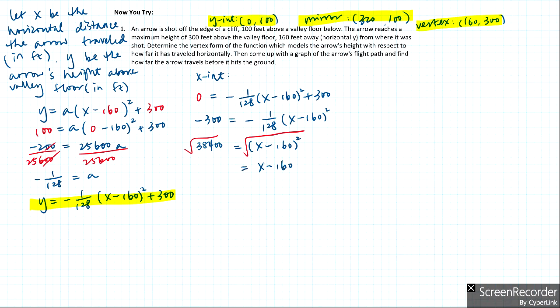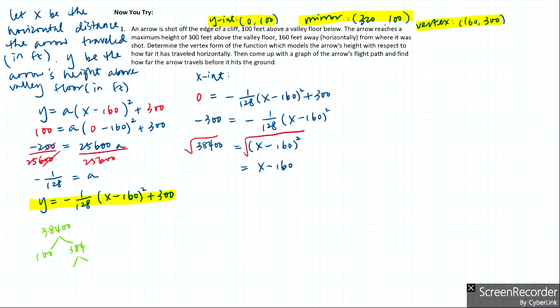And for the square root of 38,400, we want to again go through the factoring process a little bit. So for 384, I'm going to do it off to the side over here. This is equal to 100 times 384 to start, and 100 is already a perfect square number, so I can leave it as is. And for 384, we can go ahead and think about what factors go into this.